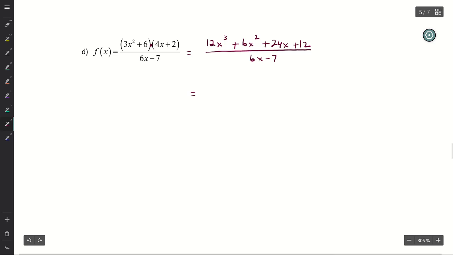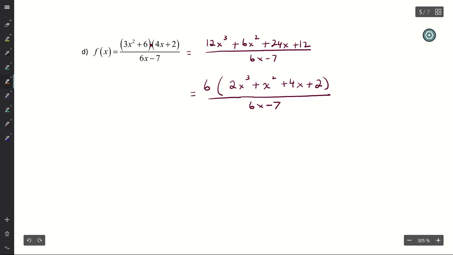So if I were to factor a 6 out, then on this one, we're going to end up with 2x cubed, and then plus just an x squared, and then plus a 4x, and then plus a 2, and then all over the 6x minus 7.